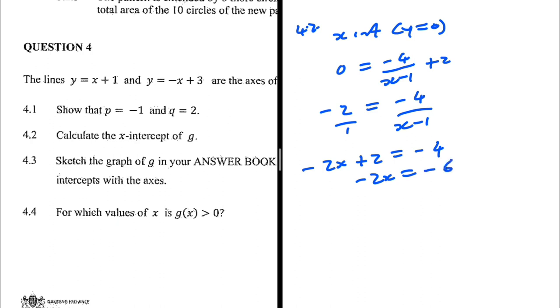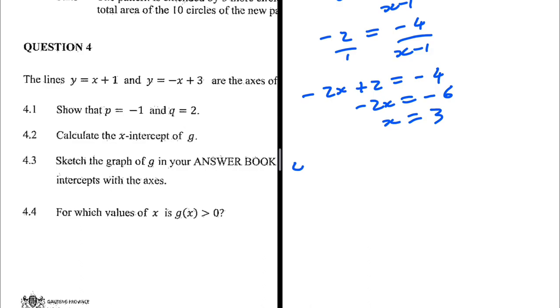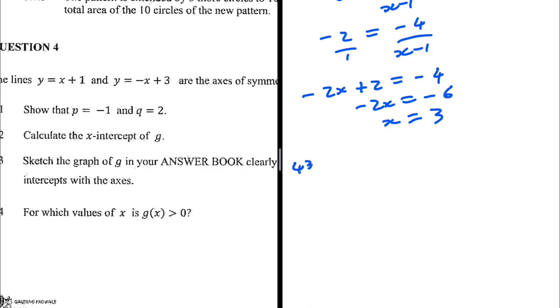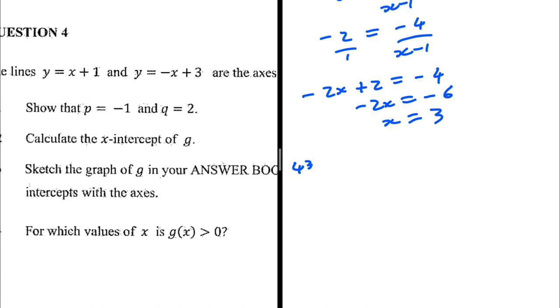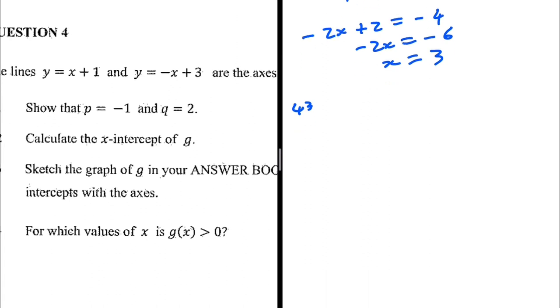And then we divide both sides by minus 2. So x is going to be equal to 3. So there we go. That is the x-intercept. Right. And then 4.3, we're supposed to sketch the graph of g and show the asymptotes and the intercepts. Okay, let's gather our variables and sketch therefore.